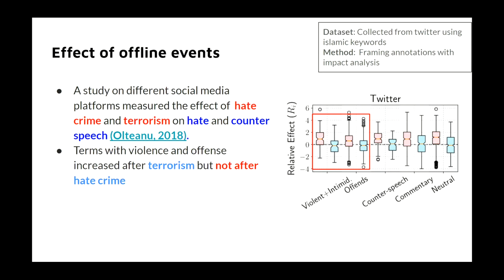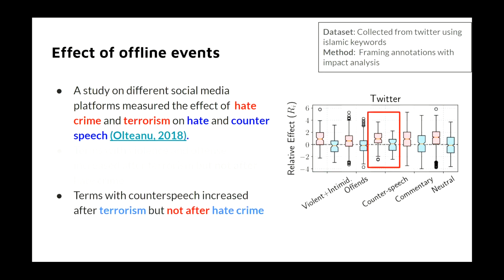One important observation was that terms with violence and offense increased after terrorism, but not after hate crime. A similar observation was seen for counter speech, which again increased after terrorism, but not after hate crime. Here, again, hate and counter speech were identified using some terms, so there may be some false positives.